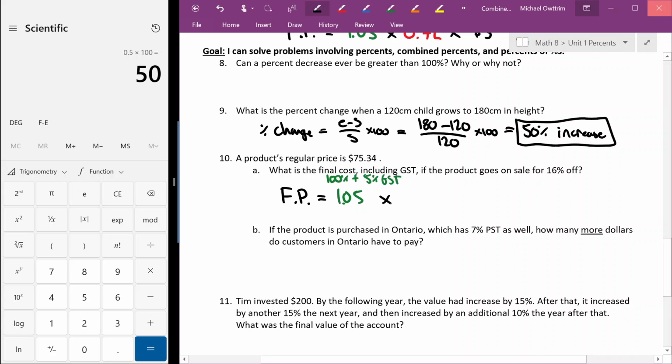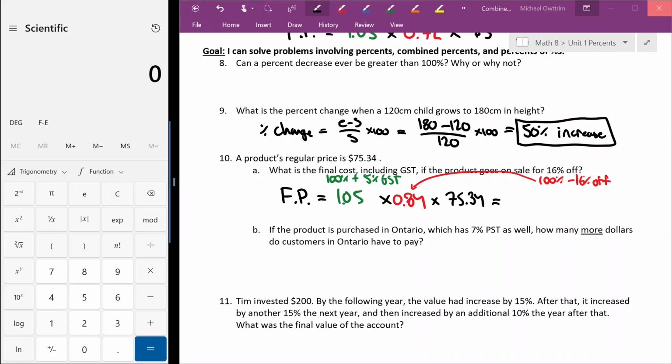That's going to be of my discounted amount, and my discount is a percent decrease. So we'll go 100% minus my 16% off, gives me 84%, so 0.84 as decimal. And that'll be of my regular price, and my regular price is $75.34. Let's go ahead and do our calculation.